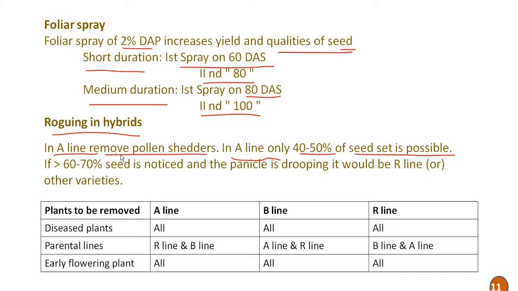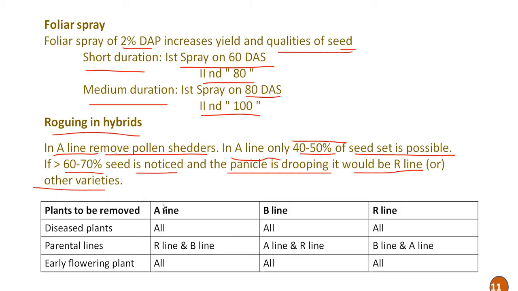The pollen from the pollen shedder line is transferred to this line, and only 40 to 50% seed set is possible in the A line. If greater than 60 to 70% seed set is noticed and the panicle is drooping, it would be R line or other varieties. So we have to rogue out or remove these plants.